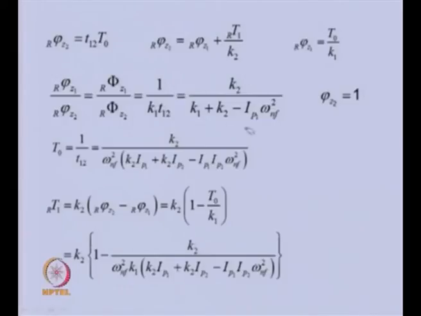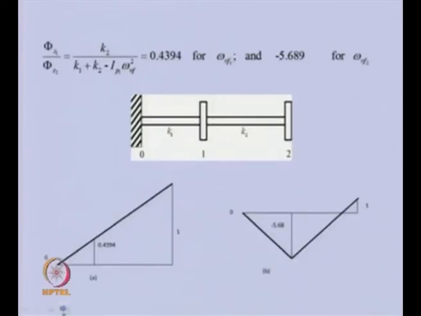The ratio is in this form, in which natural frequency is one of the terms. So if we substitute the values of the natural frequency, we can get the relative displacement between stations 1 and 2. Station 0 is anyway fixed. So let us see for the two natural frequencies what values it takes. For the first natural frequency this is the value, and for the second it is negative.